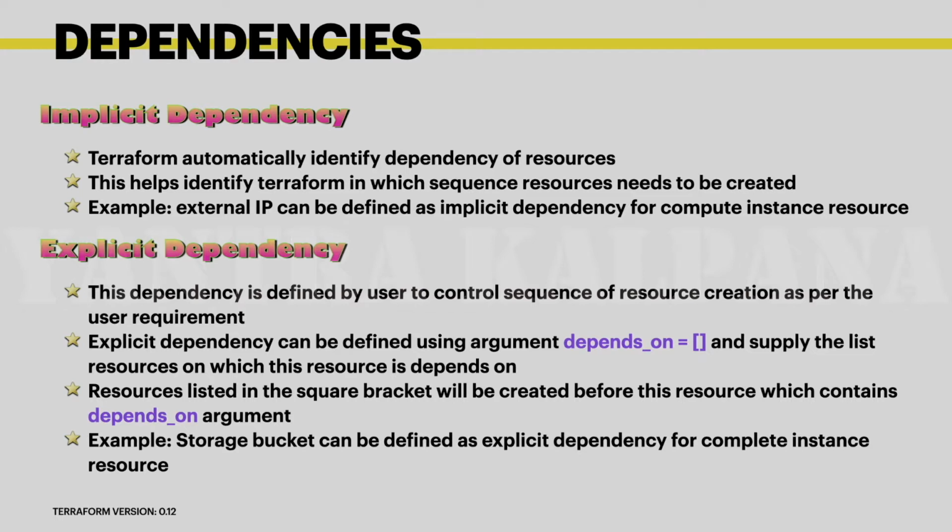Implicit dependency is the dependency which Terraform automatically identifies between the resources and sequences the resource creation based on these identified dependencies. For example, when configuration of a compute instance is defined and this compute instance must have a static IP, the static IP must be created and supplied to the compute instance configuration.